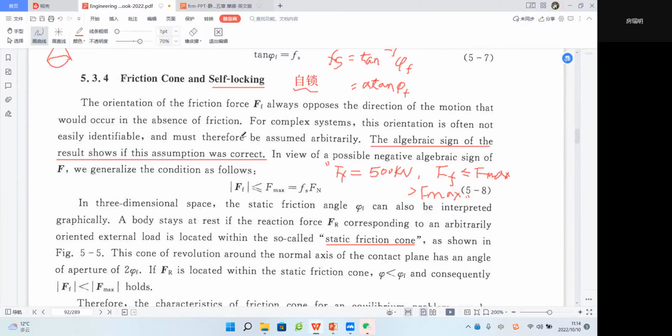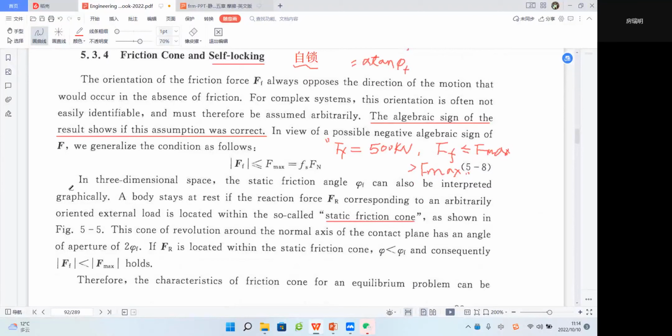So I will continue to introduce the so-called friction cone and self-locking. We know that in different directions we always have FF less than or equal to F max, which equals Fs times Fn, right?